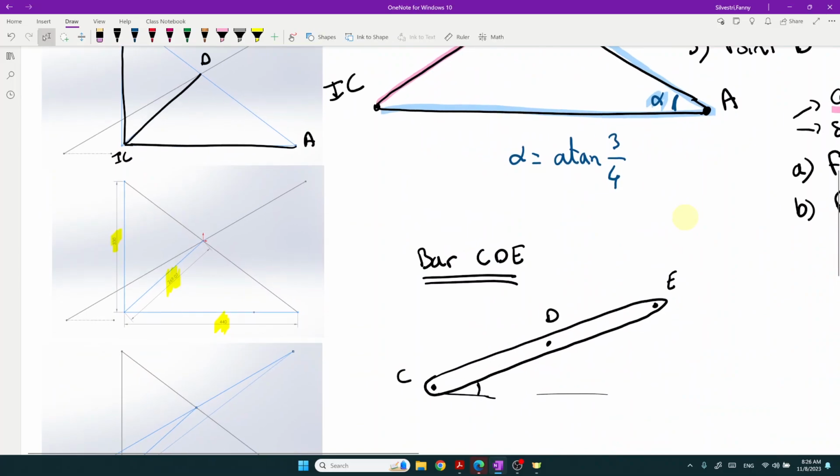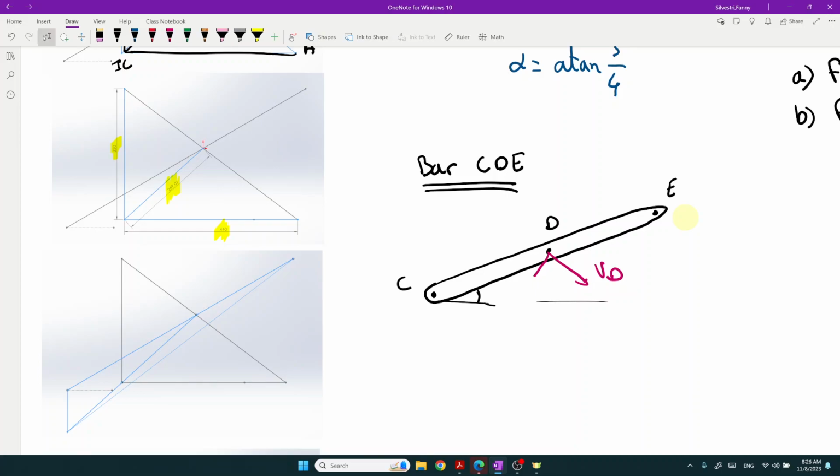So we know that VD is, let's say, something like this. We know that the IC will be somewhere on that line, so I draw a perpendicular line to the velocity VD.